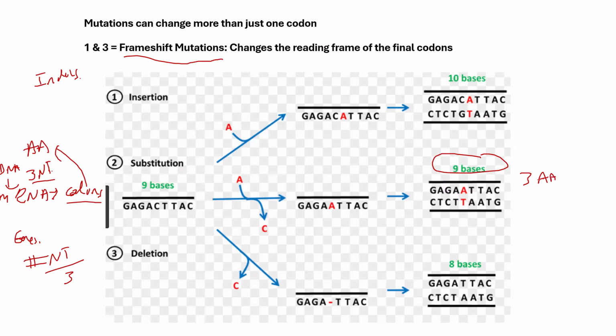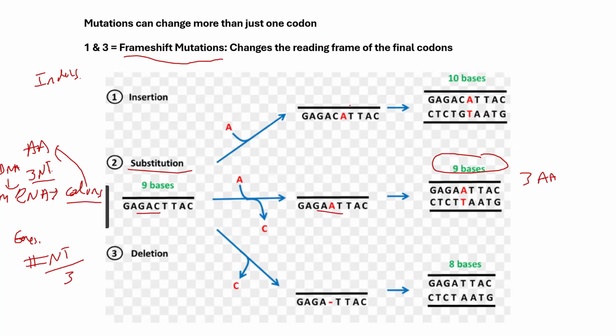So all the previous kinds of mutations that we saw are called substitutions because we're not changing the frame, we're not changing the number of nucleic acids, we're simply swapping one thing for another. So we have GAC and we have GAA. So we're getting a substitution, not a loss or a gain.